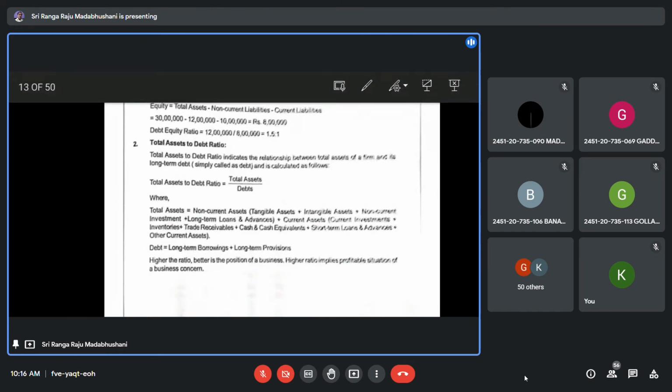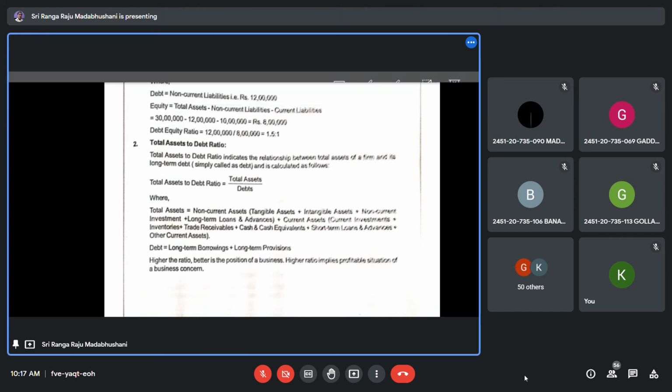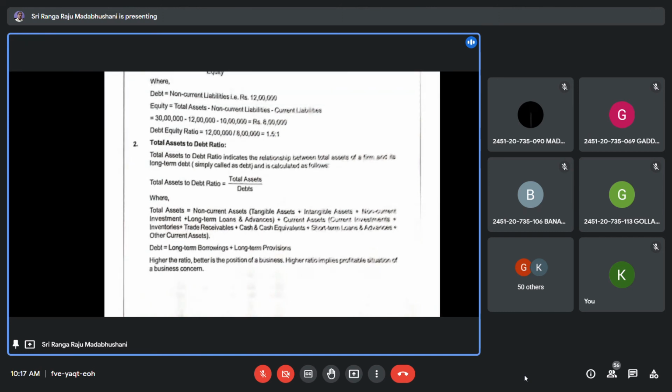This reveals the relationship between the total assets of the firm and the long-term debt: how much total assets we are having and how much liability we are having. So that is the relationship between these two variables, total assets by debts.